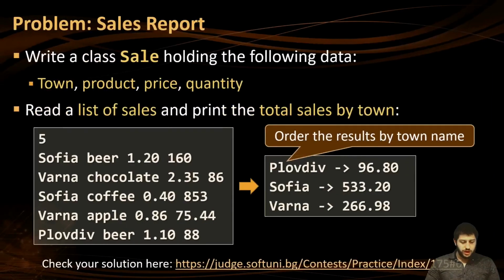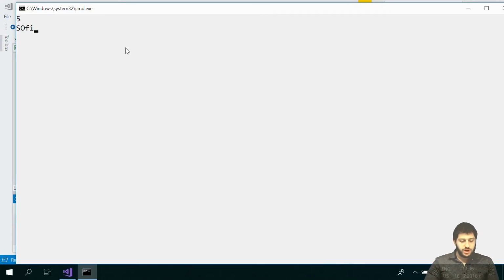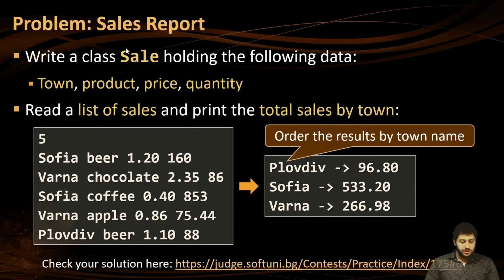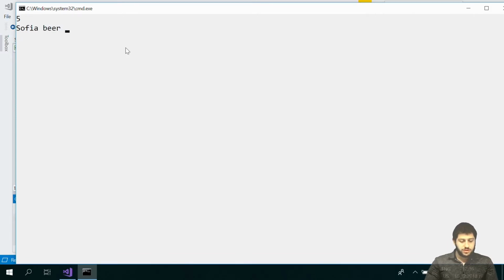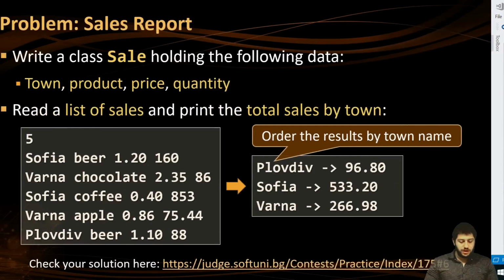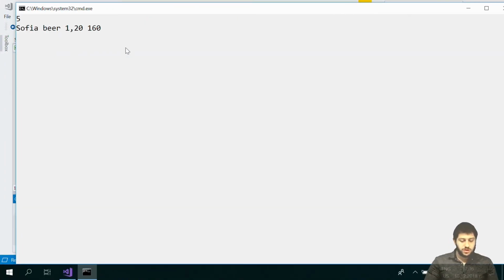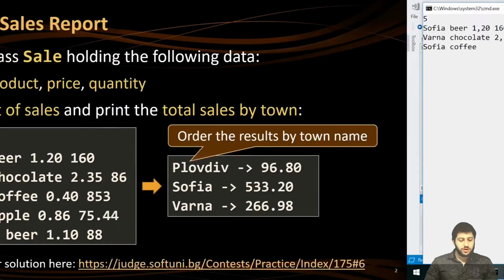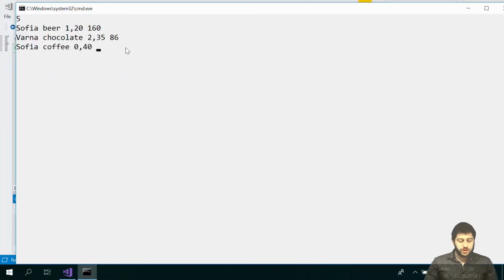Okay, now what we can do is we need to do it again. So 5, Sofia, it's beer. We have 120, 60, I think, 160. Okay, we have Varna, chocolate. We have 235. We have 86. We have Sofia, coffee. We have 0.40. We have 853.